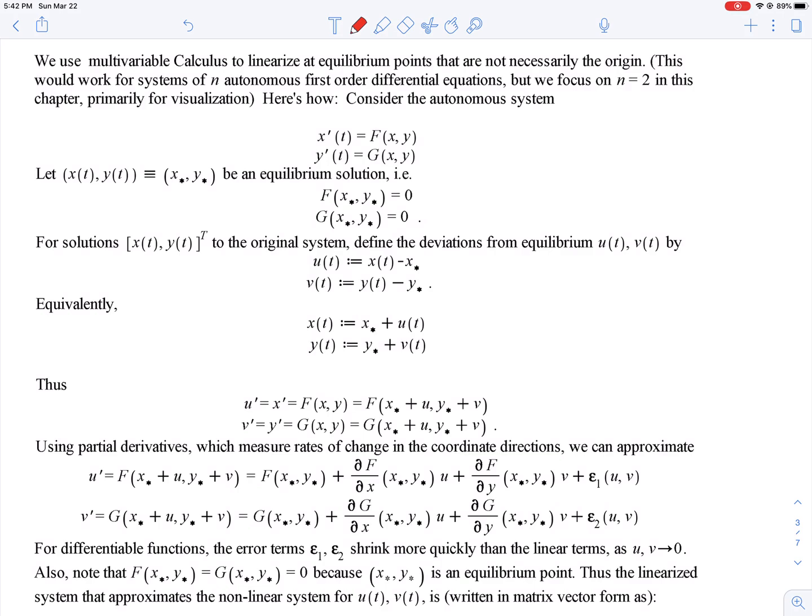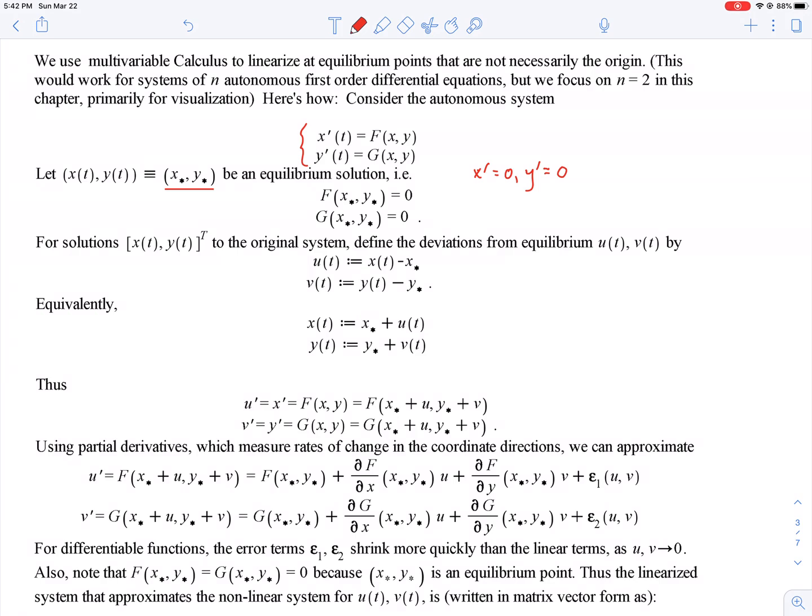Okay, so we start at an equilibrium point, x star, y star, which is the value of a constant equilibrium solution. And since it's a constant solution to the nonlinear system, x of t and y of t are constants, so x prime and y prime are 0.